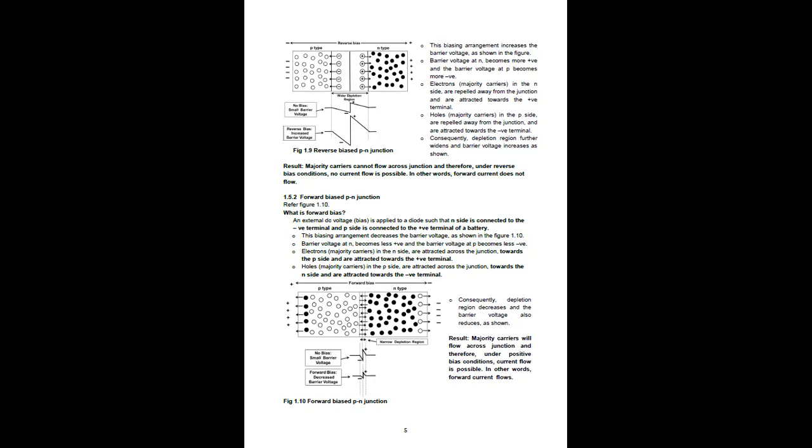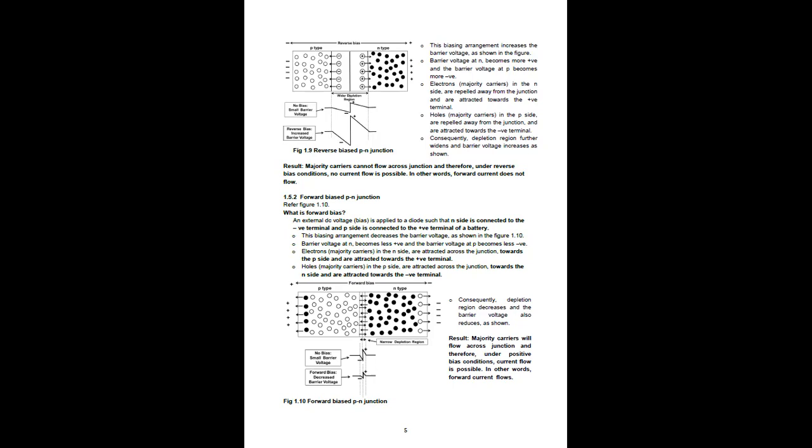By reverse biasing, the barrier voltage at the n type becomes more positive, and the barrier voltage at the p side becomes more negative. The electrons, which are the majority carriers in the n type, are repelled away from the junction and are attracted towards the positive terminal. The holes, which are the majority carriers in the p type, are repelled away from the junction and are attracted towards the negative terminal.